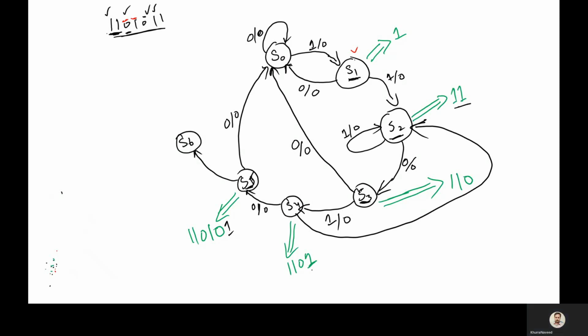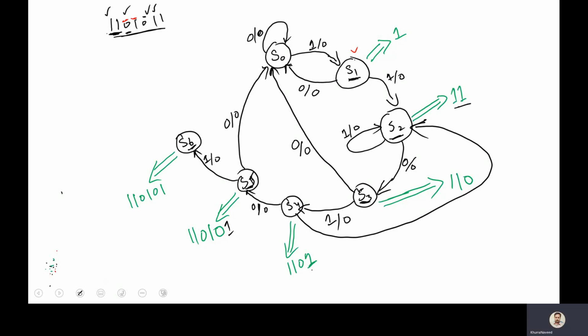So in case of input 1, we will move to the next state, S6. First, let me specify what this state means. If we are at this state S6, we have detected 1 1 0 1 0 1, right?